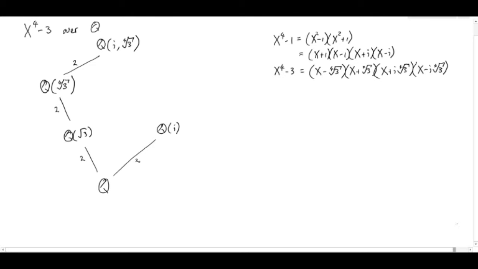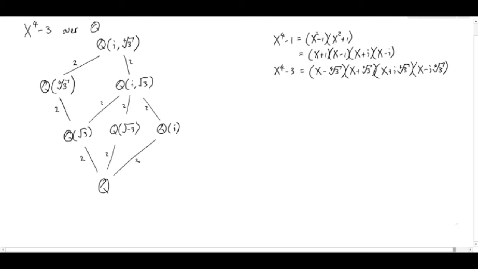And as we've seen in the previous example, if we've got one extension with i, one extension with the square root of 3, then we can put them together in one degree 4 extension that has both of them, and there's another intermediate field, which is attained by adjoining their product to Q. So we've got a bunch of degree 2 extensions in this picture.